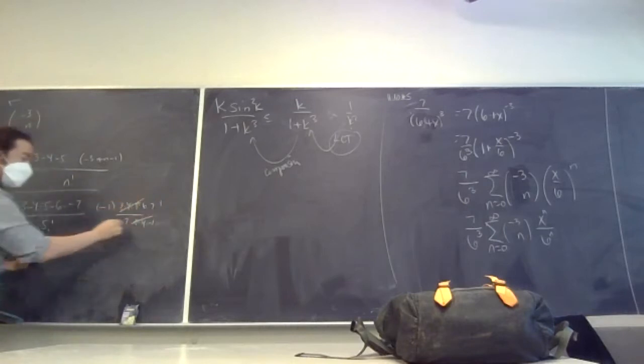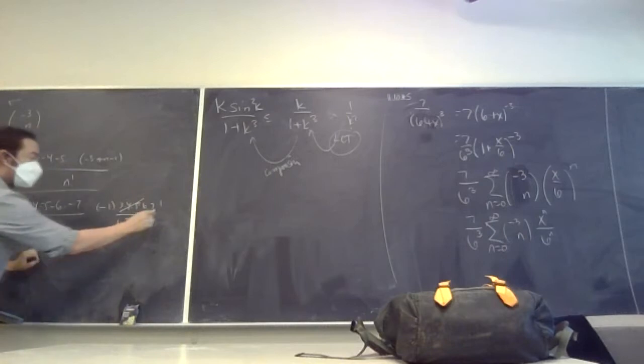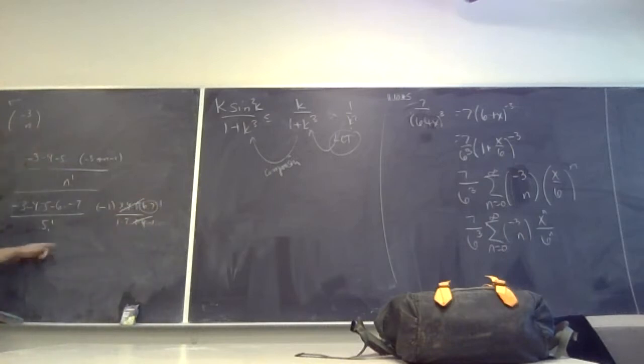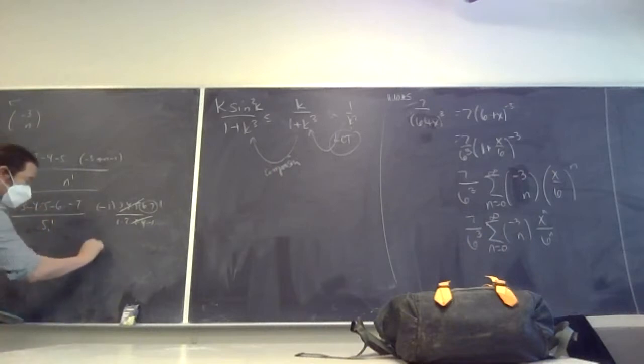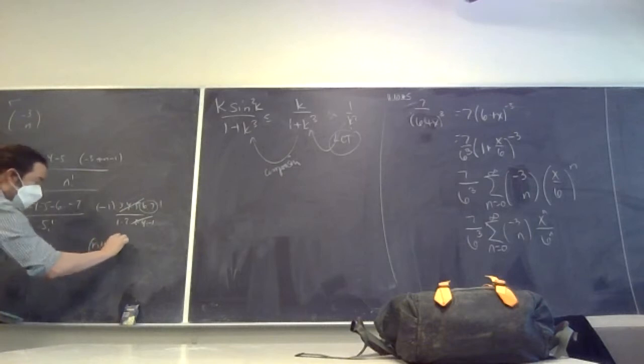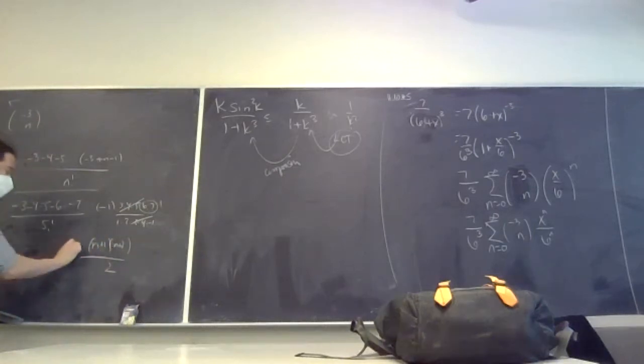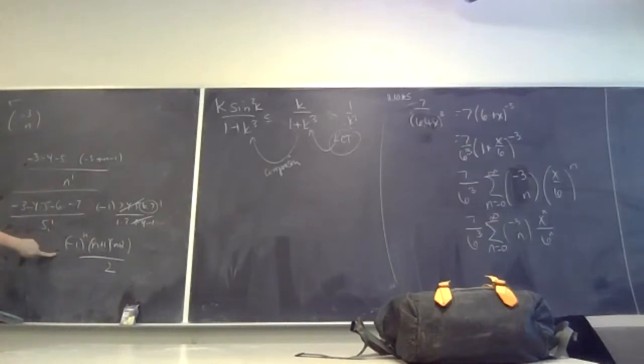These cancel with these. You have this 6 and 7 left over up top, and there's this alternating -1 that comes from how many minuses you piled in, right? So for n equals 5, you end up with n plus 1, n plus 2 on top, 2 on the bottom, and a -1 to the n. So this simplifies to this algebraically.